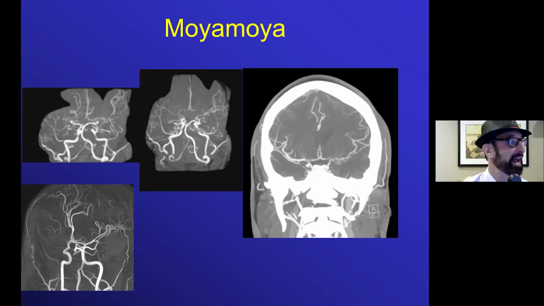Now, we have an expert in our institution, Rafael Tamargo, on moya-moya, and he makes the distinction and really pushes the emphasis here that moya-moya disease is that entity that affects bilateral involvement of the distal carotid arteries in these vessels, and generally is of an idiopathic etiology.